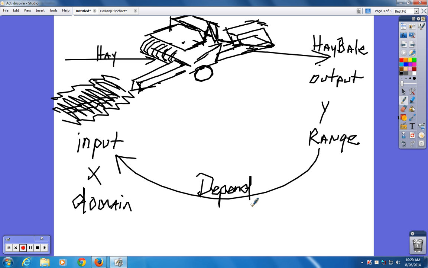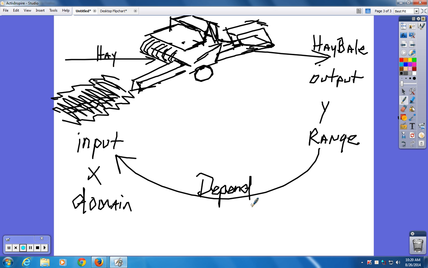So which one is the dependent variable and which one is the independent variable? Y is always dependent. Write that down. Y is always dependent.